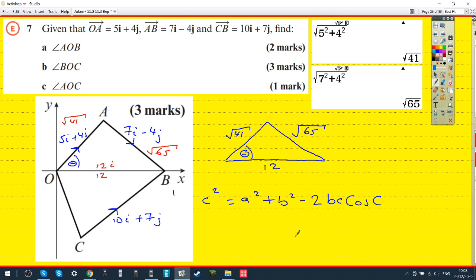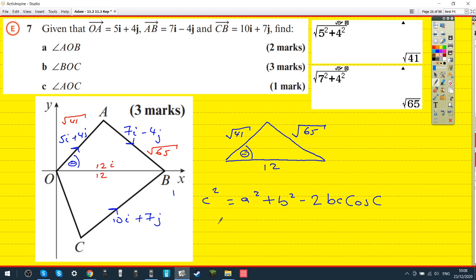Should be c squared is 12 squared equals square root of 41 squared. How do I do it? What is C? Is c 12? Wait, no.